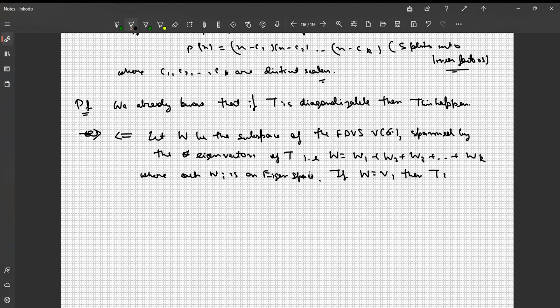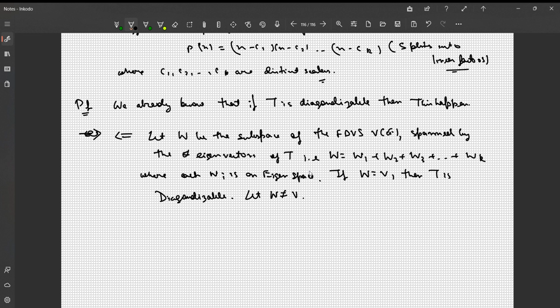Okay. Now we know that if W is equal to V in this case, then T is diagonalizable, which was the first characterization we had.